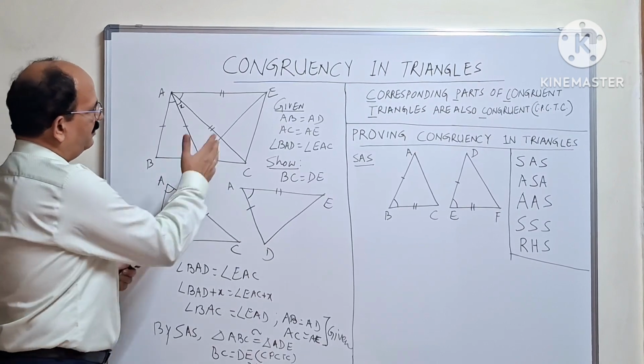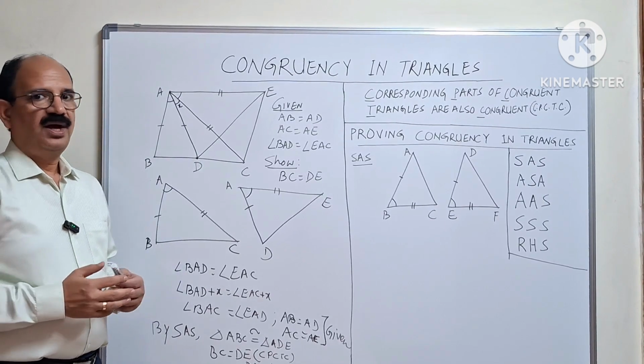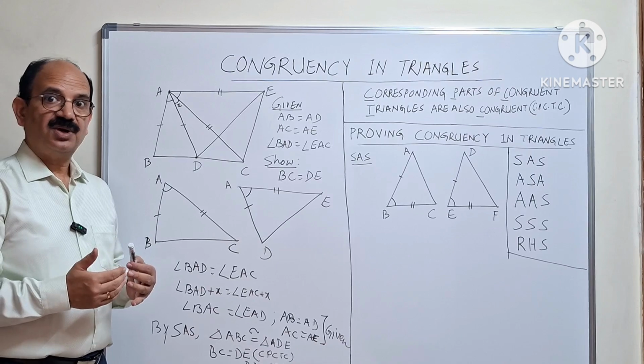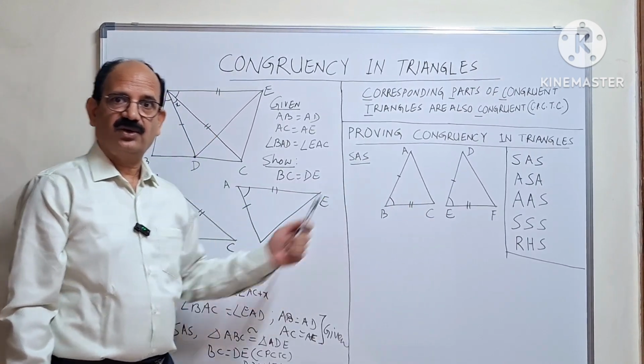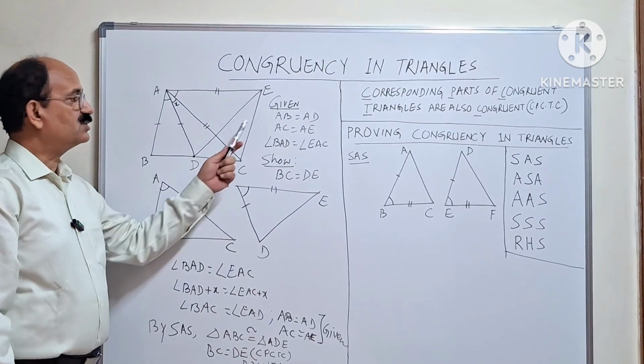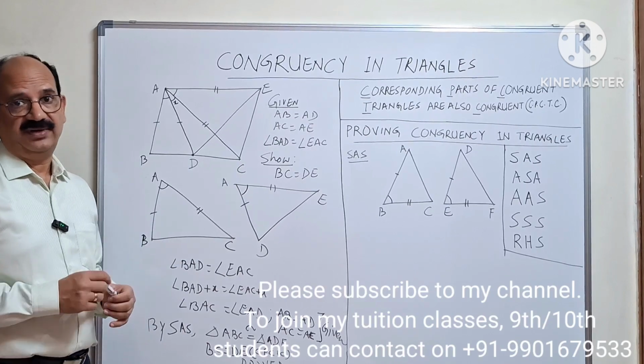With this example, you have clearly seen the basis on which we choose any of these five criteria. In this case, we worked on SAS because two sides were given and one angle was also given, not exactly the intervening angle.